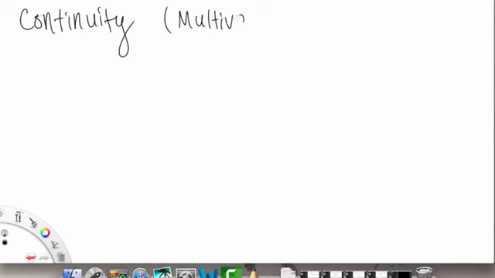Now we'll move on to some continuity. And in this sense, continuity has basically the same meaning, but now we'll redefine it in the multivariable sense. Okay, so continuity in multivariables. So what does that mean?